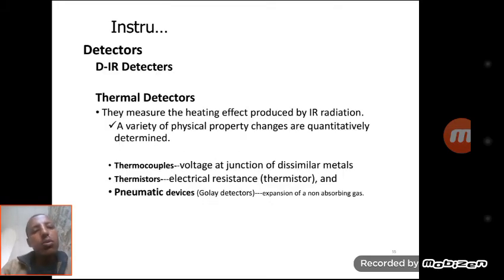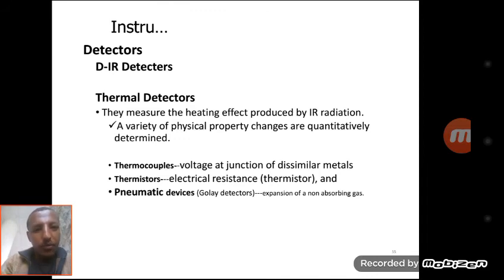The other component of instrumentation is the detector. There are different detectors. The first one is the thermal detector. They measure the heating effect produced by IR radiation. A variety of physical property changes are quantitatively determined.